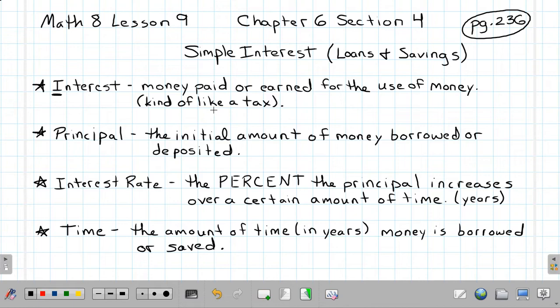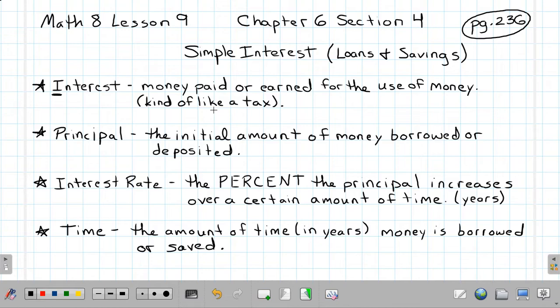When you put money into a bank, they kind of use your money to give out other loans and things like that. So when they do that, they give you a little bit of a profit on it. So that's the interest that you earn in a savings account. They put more money into your account than what you have. So that's what interest is.